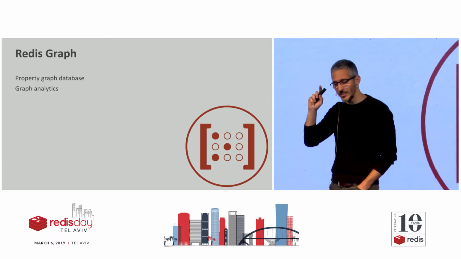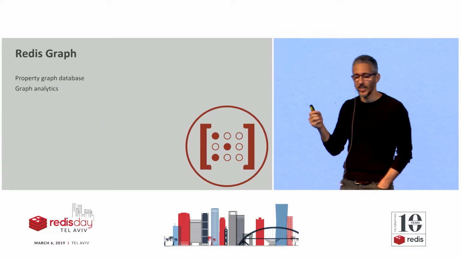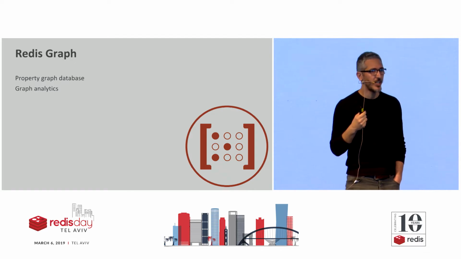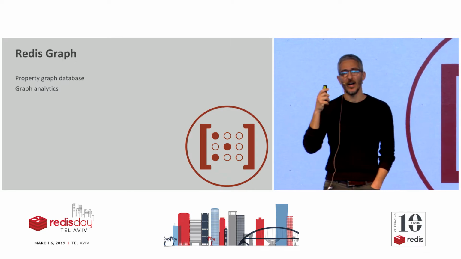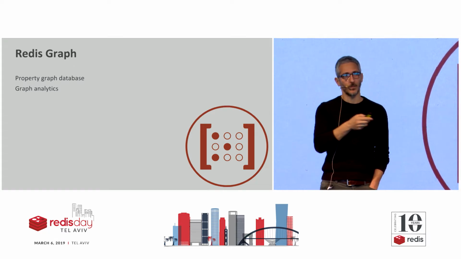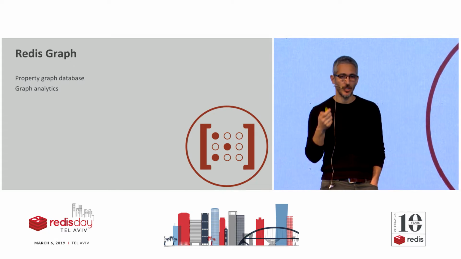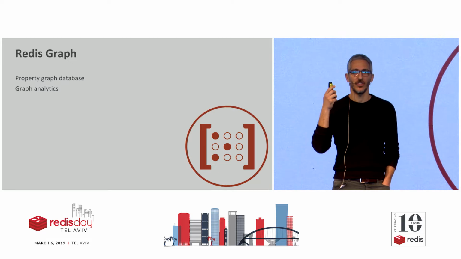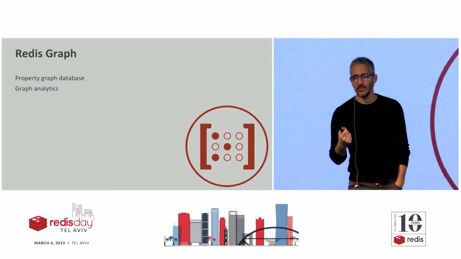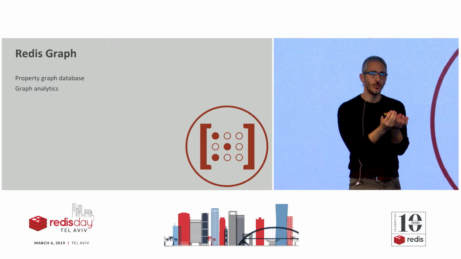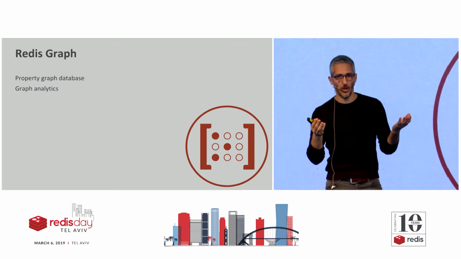So this is Redis graph. It performs traversals in order to answer queries, and it does that by producing linear expressions and then just evaluates them. It is a property graph database. The idea is that you have nodes that can represent anything that you want.